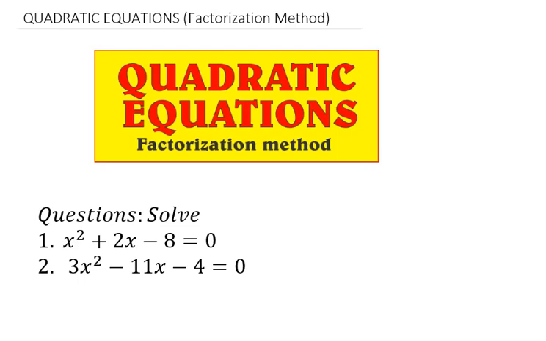The technique of factorization method is often by trial and error, and you need to know that quadratic equation is one in which the highest power of the unknown quantity is 2. The reason why we say the technique of factorization is often of trial and error, you will see as we journey through this video, because you have to think of some numbers, and by the time you work it out, it should give you a certain result.